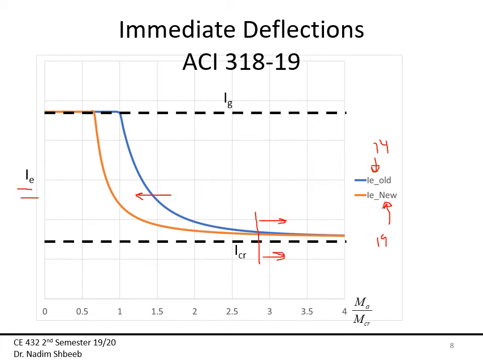The only change is from this point to that point. If the maximum moment becomes 3 times the cracking moment, it really doesn't matter; it's not different from the cracked moment of inertia.